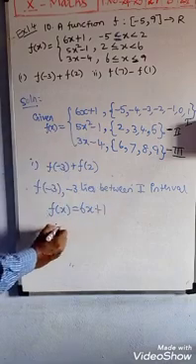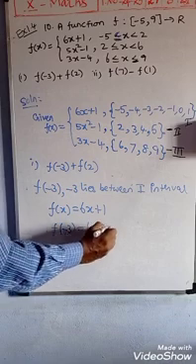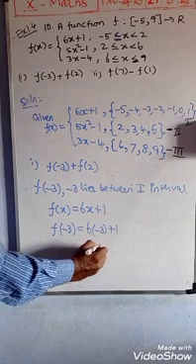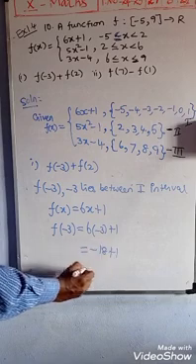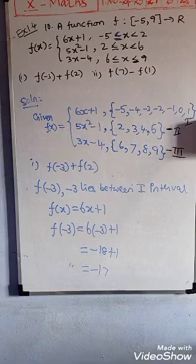Instead of x put minus 3: 6 times minus 3 plus 1. 6 threes are minus 18, plus 1, so you get minus 17. Next, f of 2 we want to find.